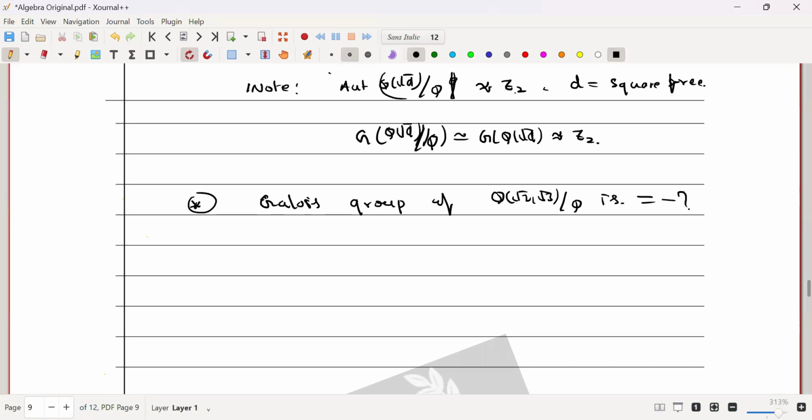Every normal and separable extension is Galois because of finite extensions. Q(root 2, root 3) is a finite extension of Q. So it is separable and also normal. So it is Galois.